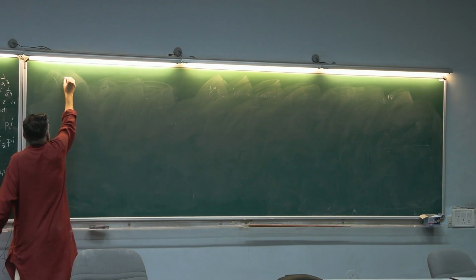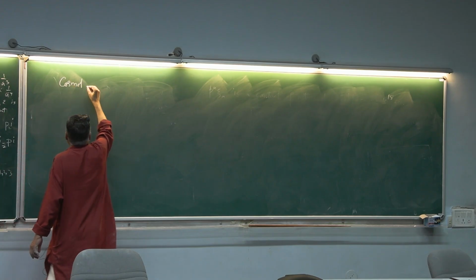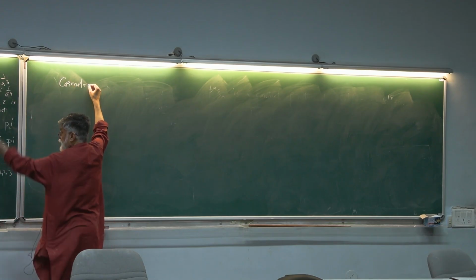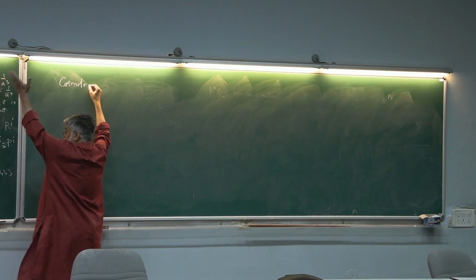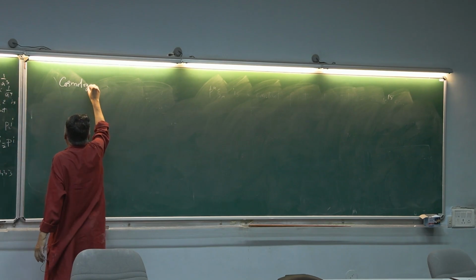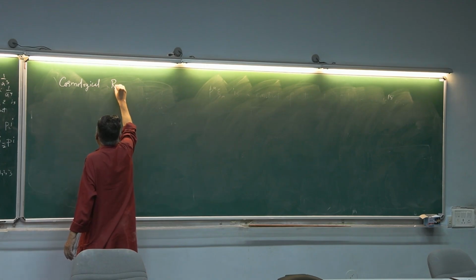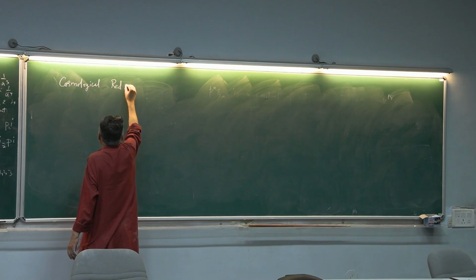Redshift, cosmological redshift. There are Doppler redshift, Doppler blue shift, gravitational redshift, the Pound-Rebka experiment, gravitational blue shift, but I am talking about cosmological redshift now. For a contracting universe, we will have cosmological blue shift.